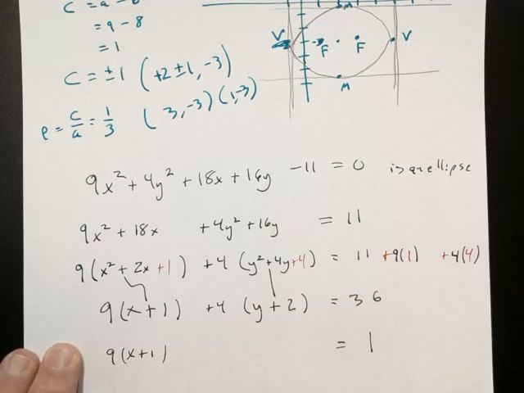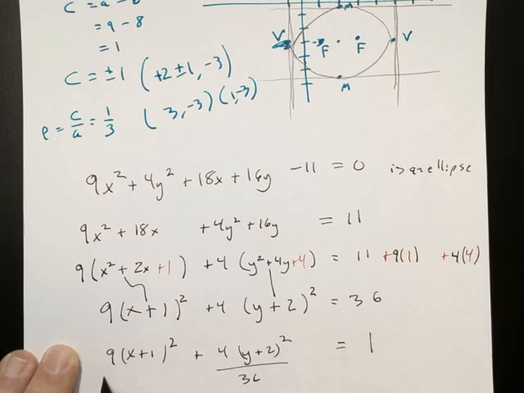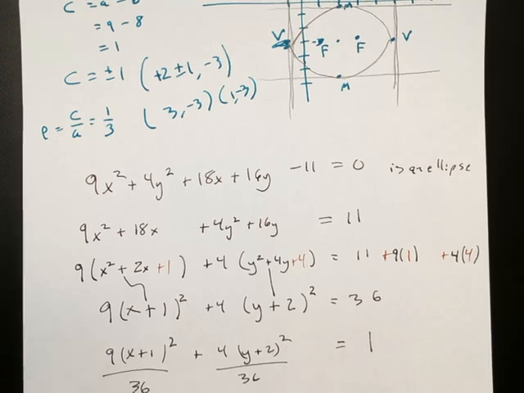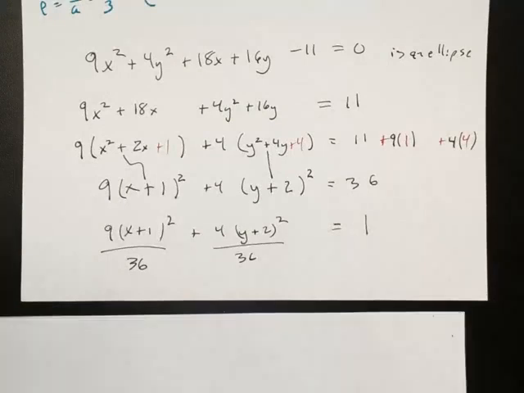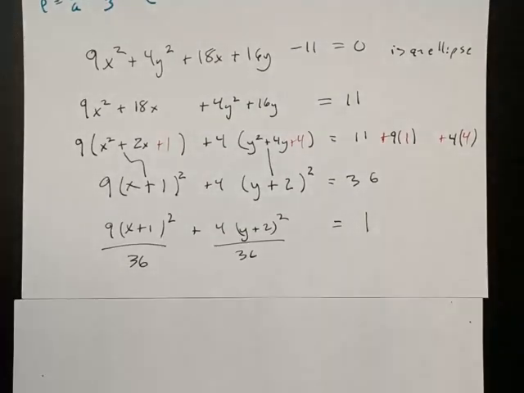Oh, catch me. Those are squares. They should be squared. That looks right. But I have a 9 on top and a 4 on top. Let's get rid of those.